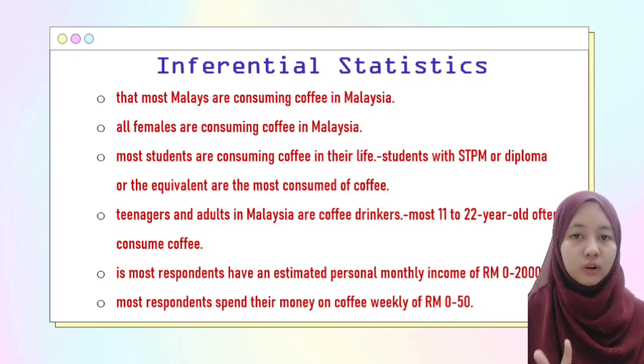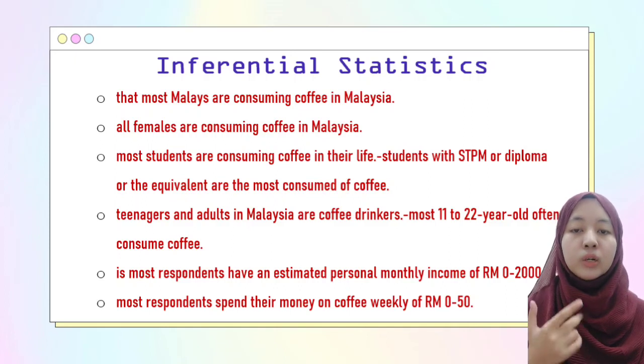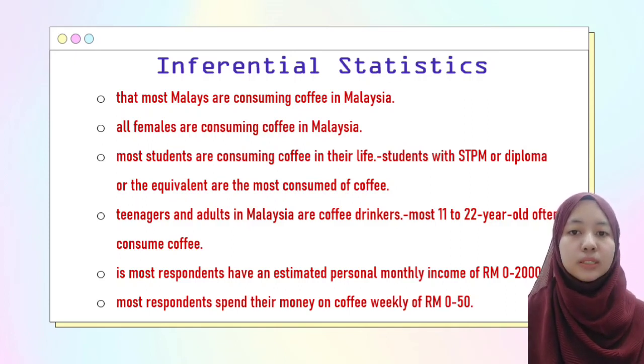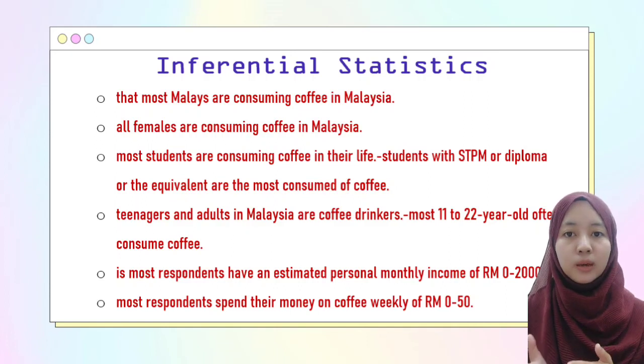For question 4, the highest education of coffee consumption is SPM, diploma or the equivalent. The lowest education for coffee consumption is other. A possible inference drawn from the study is students with SPM, diploma or the equivalent are the most consume of coffee.